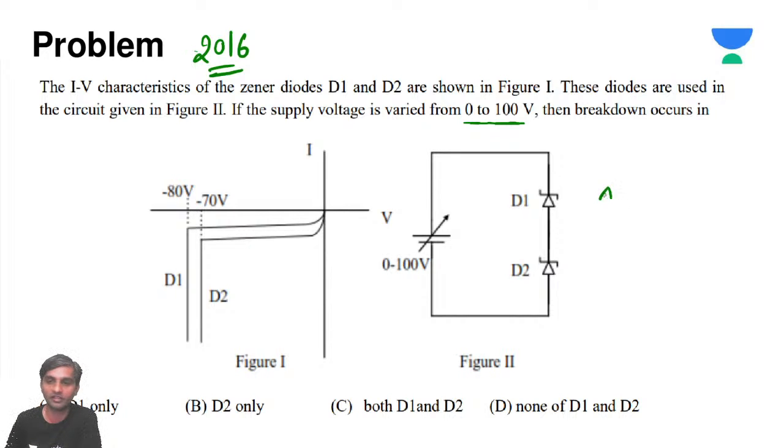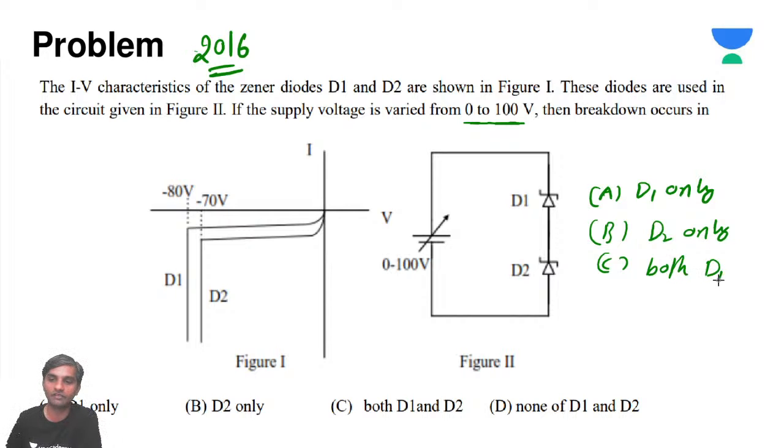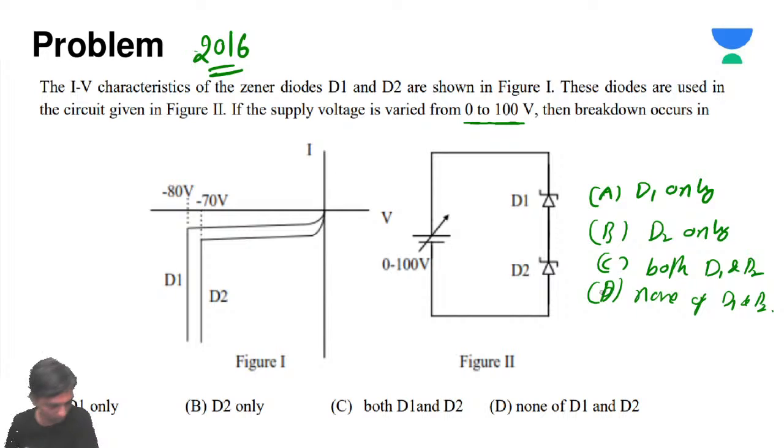Option A, D1 only. Option B, D2 only. Option C, both D1 and D2, and option D, none of D1 and D2.